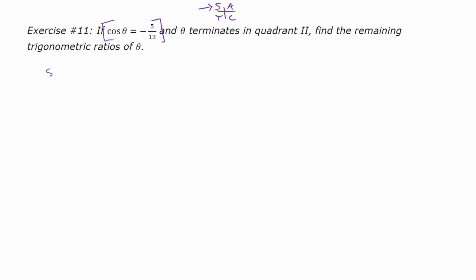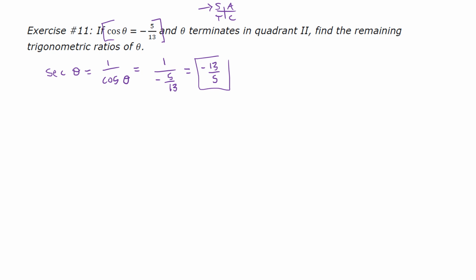So that means secant theta will be 1 over cosine theta, which equals 1 over negative 5/13, which equals negative 13/5. Okay, so we found one trigonometric function. We have 2, cosine and secant, we have 4 more to go.